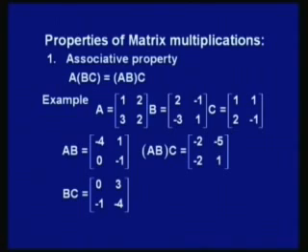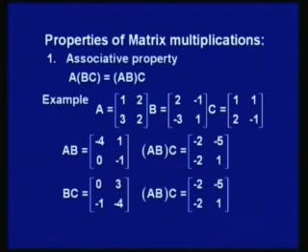When this matrix BC is multiplied by the matrix A, I will get the product ABC, which is the same as this AB into C. So whatever be the order, I will finally get the same result. If there are 3 matrices, they can be multiplied in any order, and we will get the same result. Of course, the important point is that the multiplication should be possible for these 3 matrices.